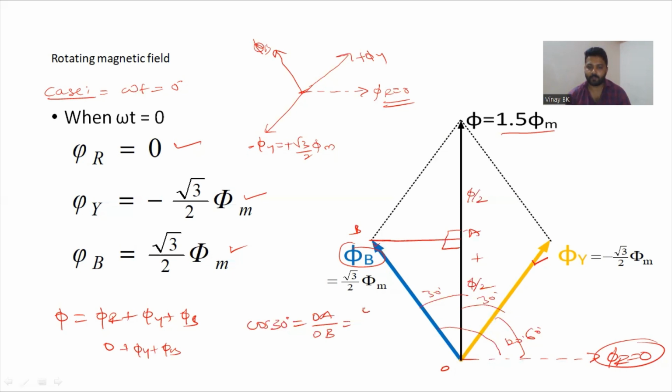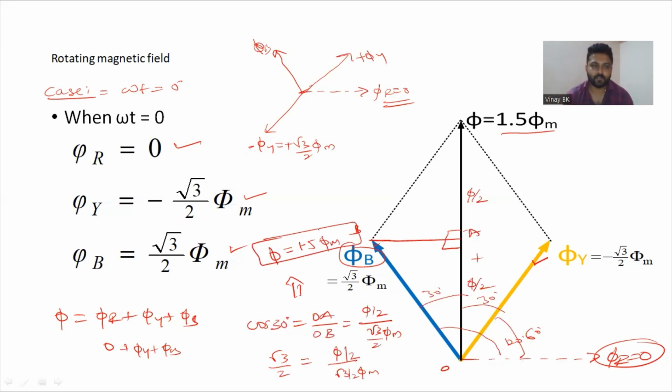OA is phi by 2 and OB is root 3 by 2 times phi M, and cos 30 is root 3 by 2, so root 3 by 2 equals phi by 2 divided by root 3 by 2 times phi M. By simplifying this, you get the total flux phi equals 1.5 times phi M for the first case.